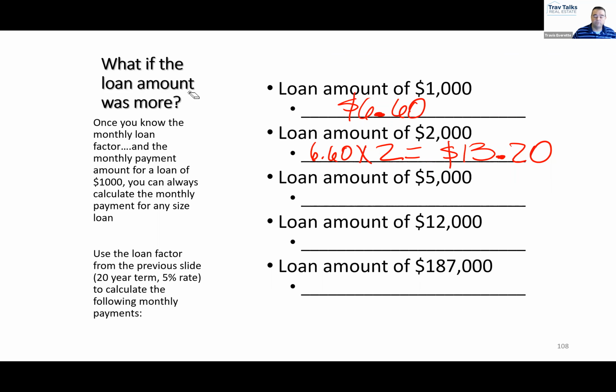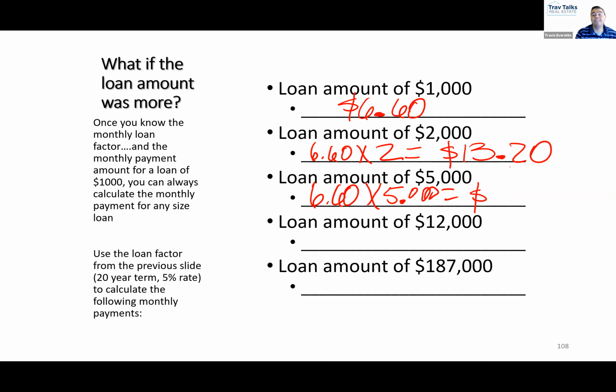So look at the next one. 6.60. If we borrowed $5,000, what will we multiply by? 5.000, right? So what's the payment? $33.